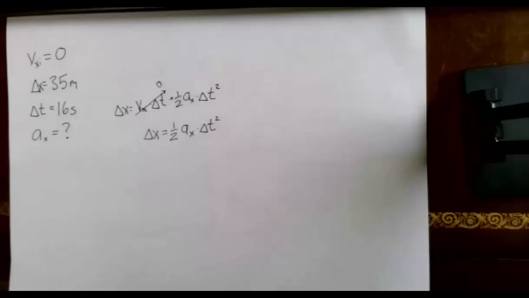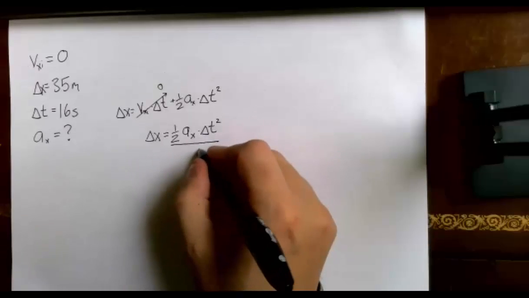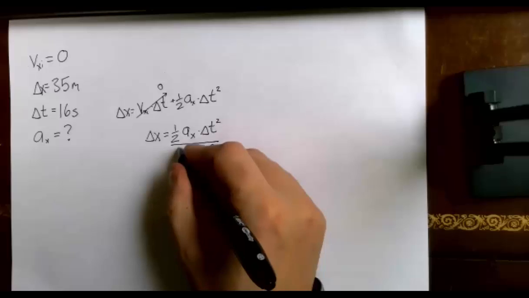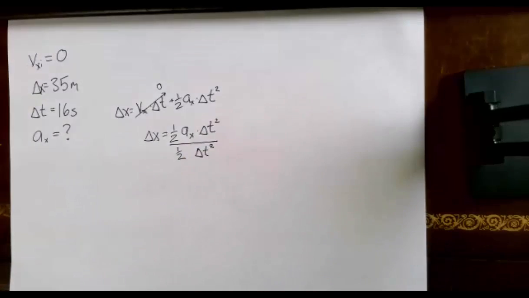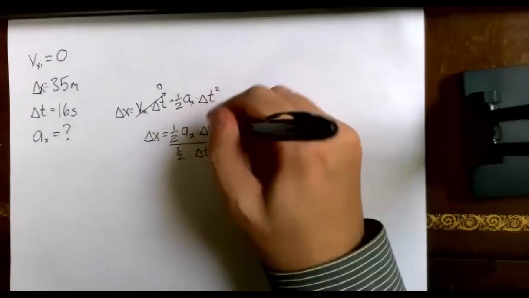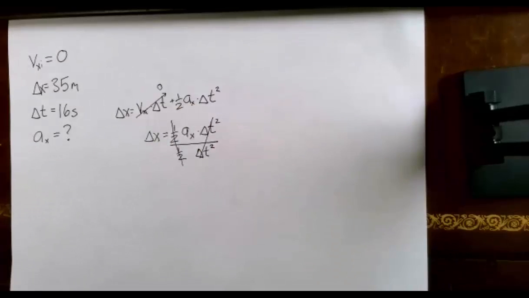So what should I do next then if I want the acceleration? We can divide by the time squared and by 1/2. Yeah, exactly. Because both of those are being multiplied by acceleration, so that'll get acceleration by itself.